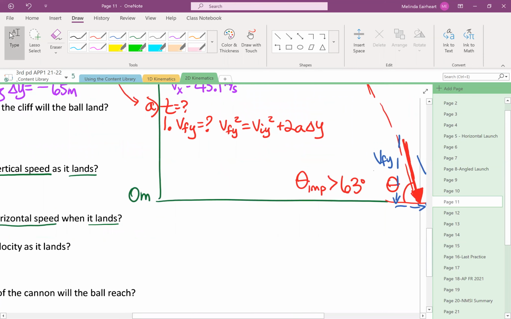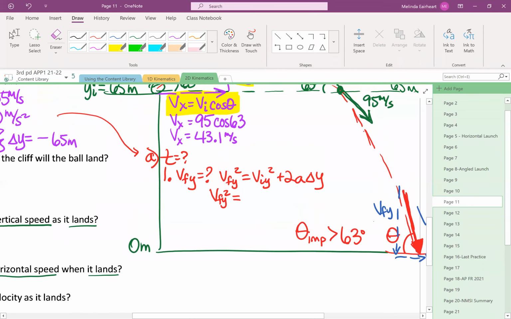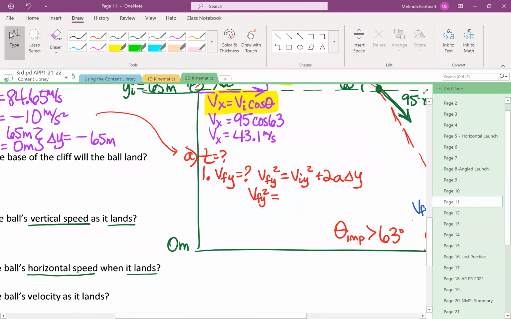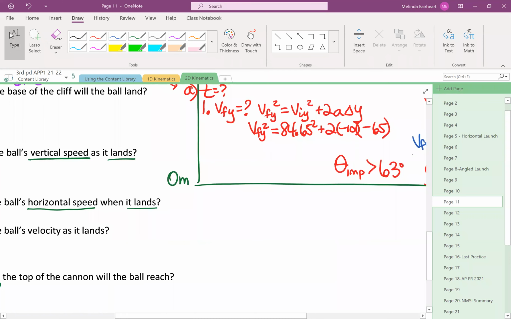And so final vertical velocity is what we're solving for. I'm just going to keep it squared for right now. The initial was that component 84.65 squared plus 2 times negative 10. And then our displacement is negative. So negative times negative, it'll go away, right?